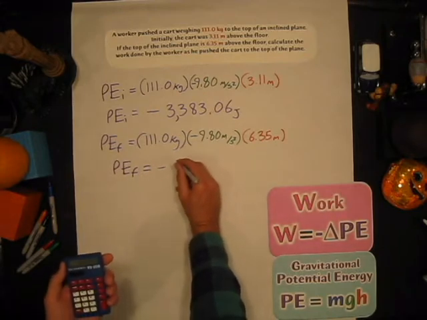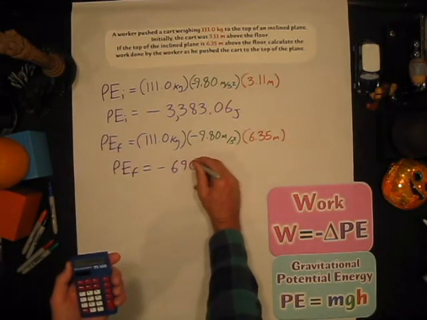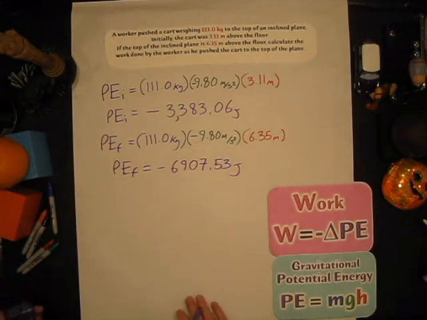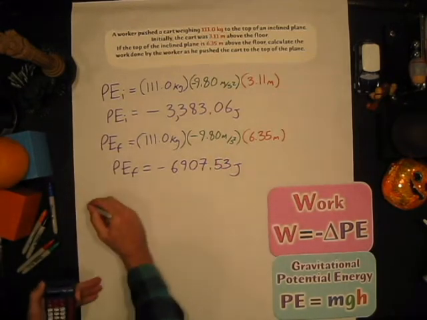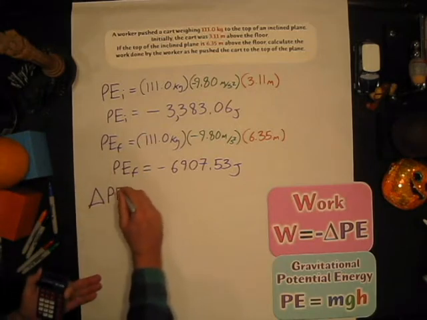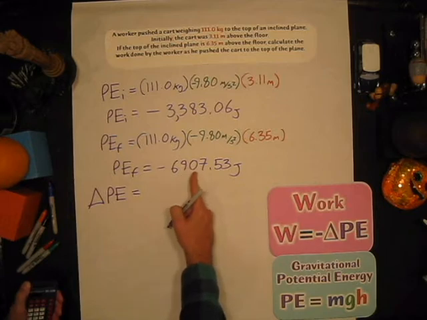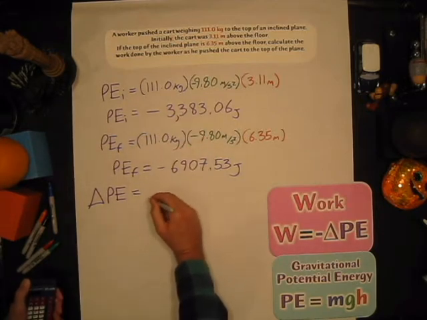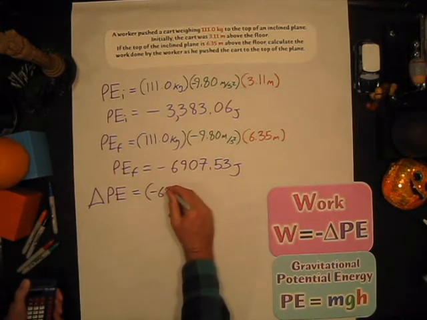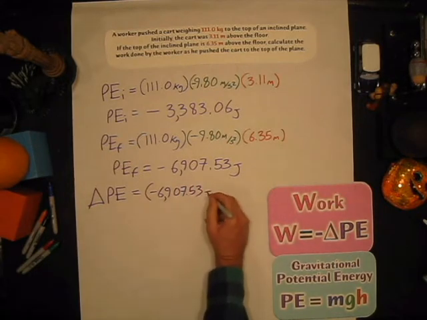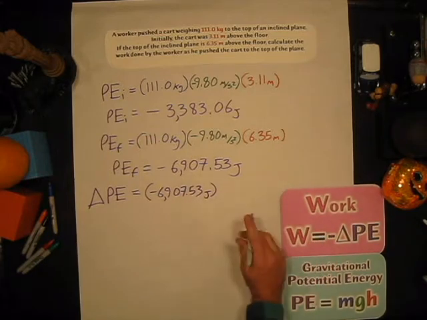And then I get 6,907.53 joules. So what is delta potential energy? What is the change of potential energy? It is final minus initial. So it is negative 6,907.53. Probably don't need to keep it this exact, but whatever, okay?